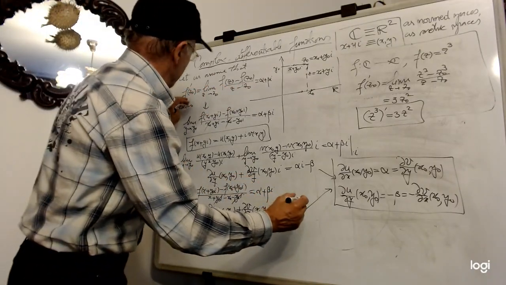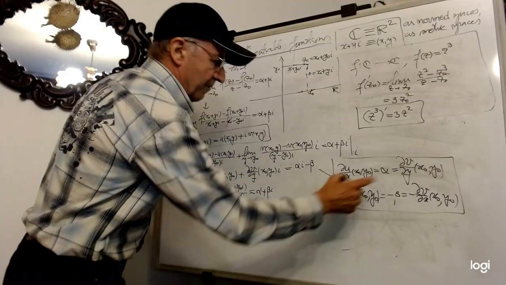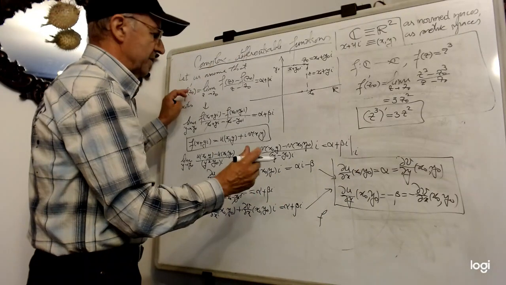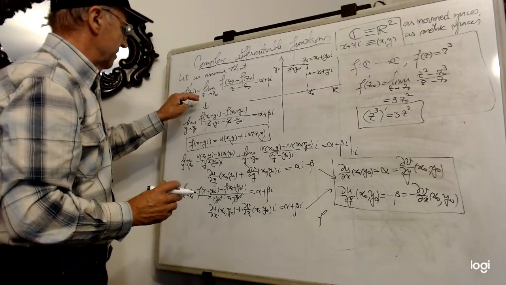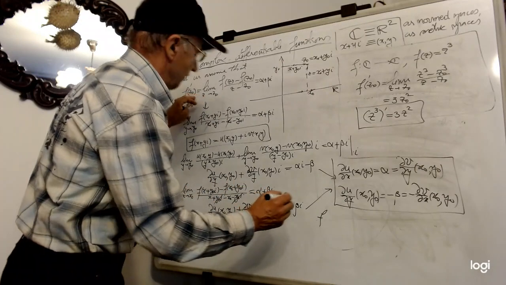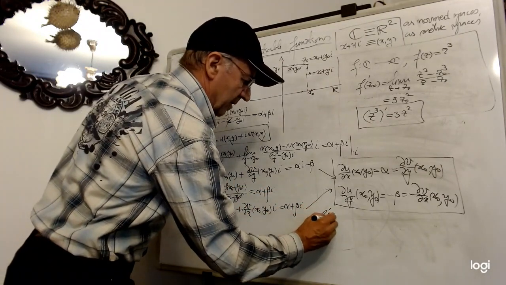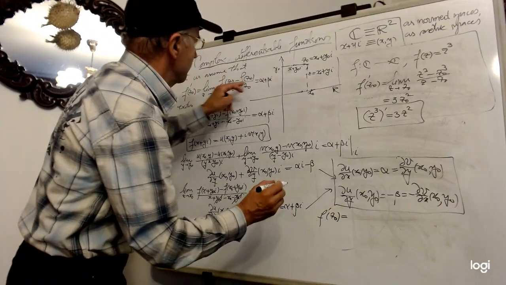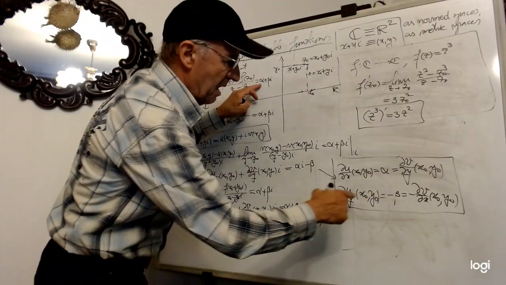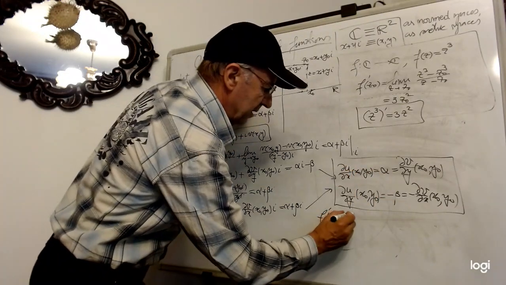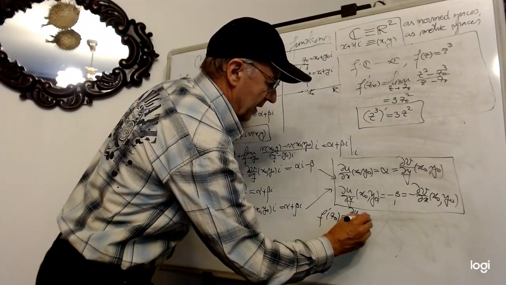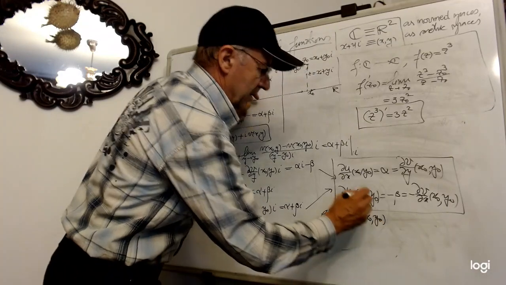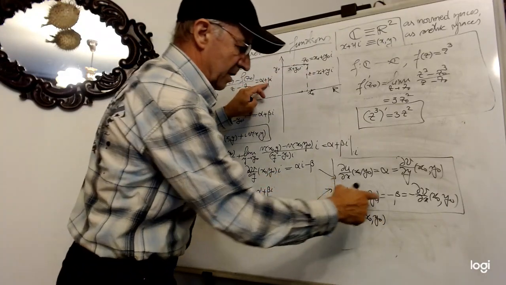In addition, you can remark that if they are satisfied, they are only necessary conditions, f prime at the point z0 is alpha. Instead of alpha, we can put the derivative of u with respect to x at point x0, y0 plus beta.